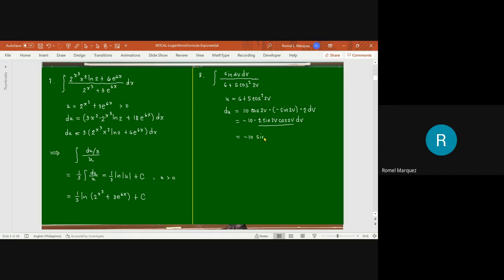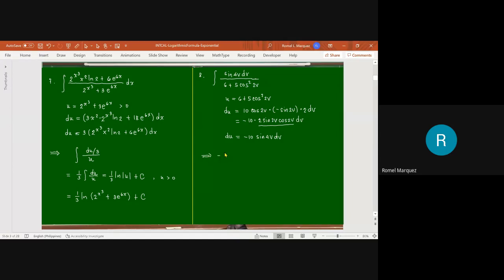The identity: sine of twice the angle. What is twice of 2v? 4v. If you don't know the identity, that's the problem. So, the integral can now be written as what?